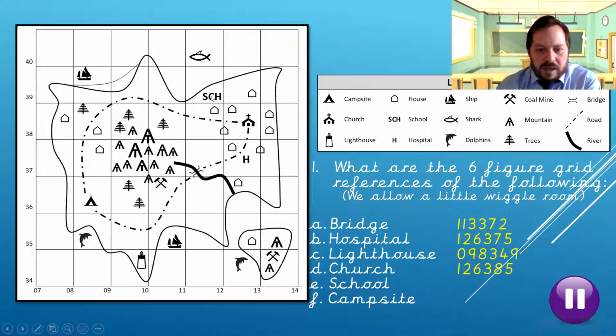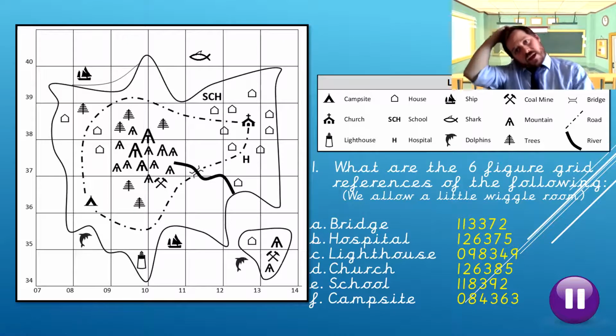The school up here, and again you go for the center of the school, so 11, 8 or 7, 39, 2 or 3 probably. And then the campsite down here is 08, 4 or 5, and 36, probably 3, maybe 4.